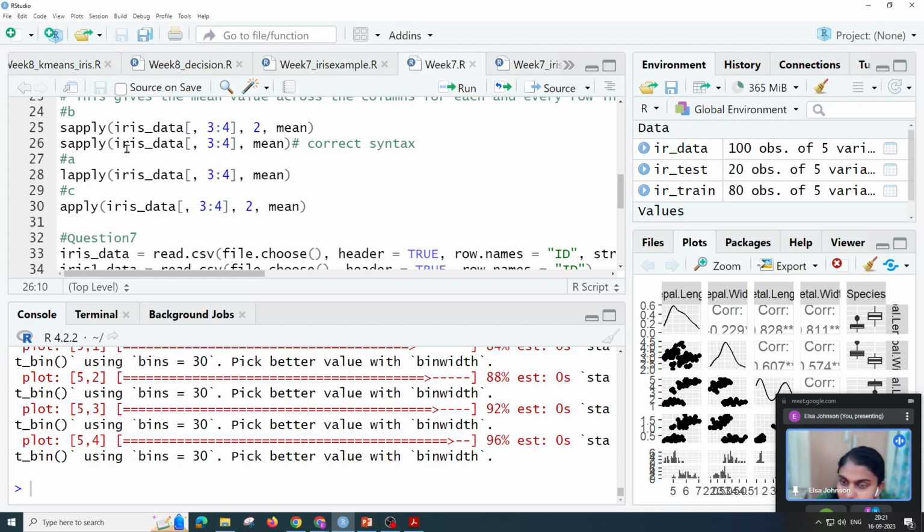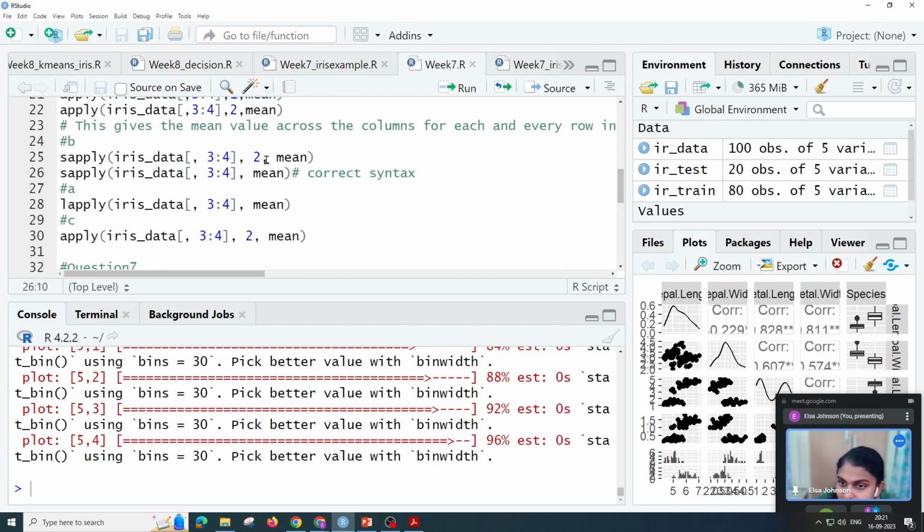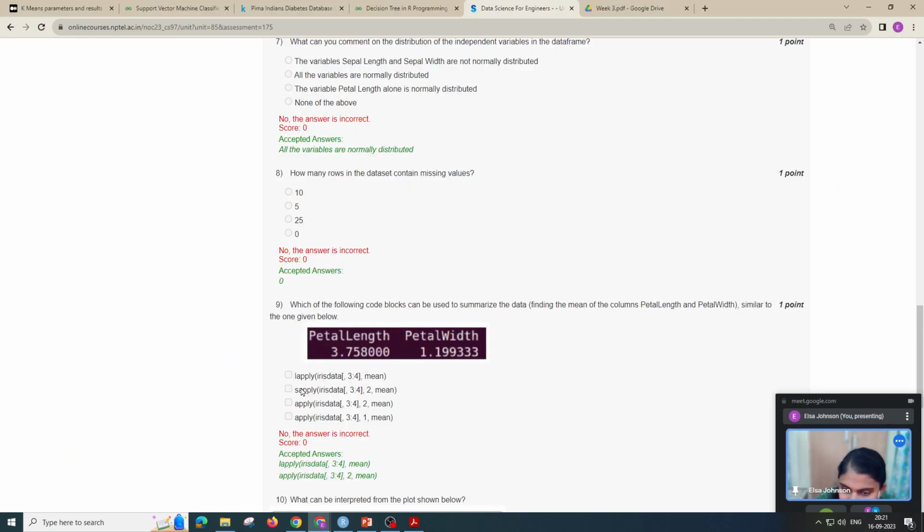Earlier in the question that I had discussed, I had told 2, and you'll feel that it is true for giving the number of columns. But in sapply the syntax is different. Here it's given sapply, iris data, all those things are same. It's given 2 comma mean. It should have been sapply, iris data, comma mean only.